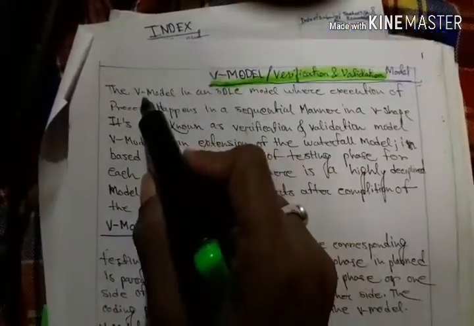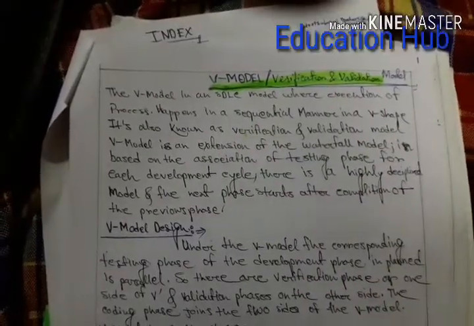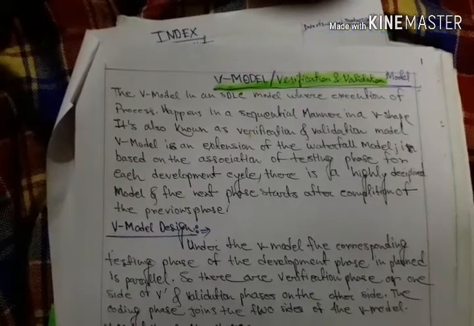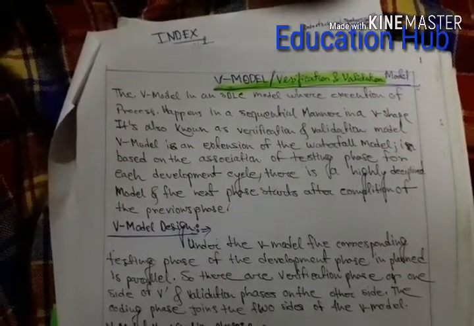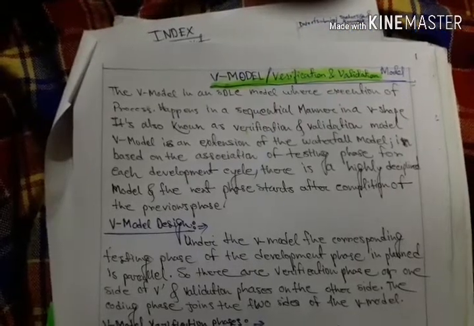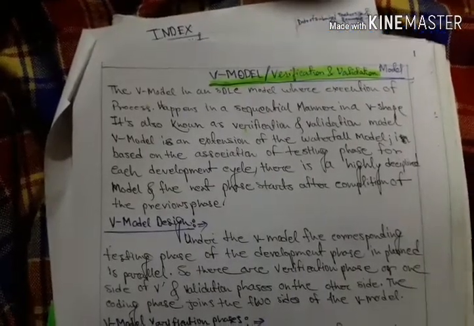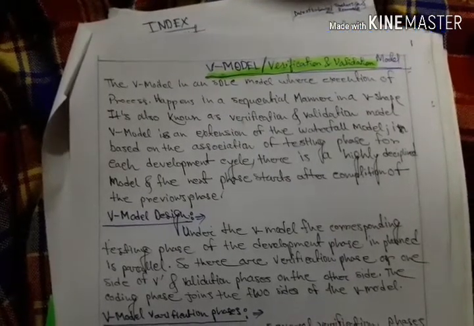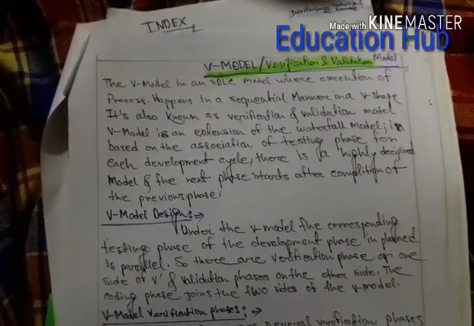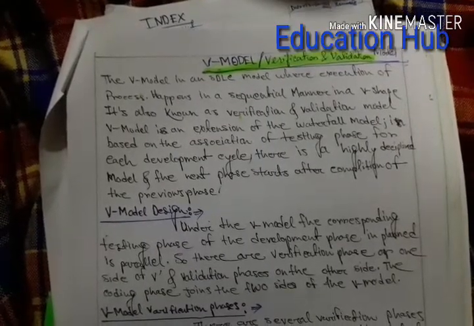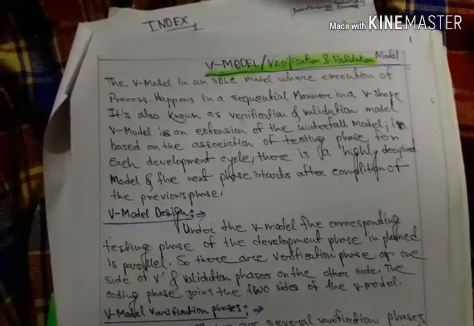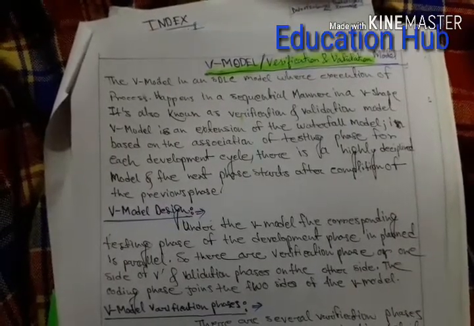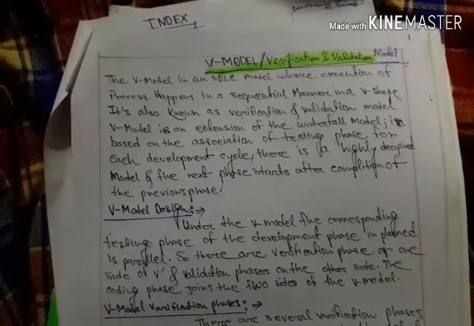See, this V model in the SDLC is the extension and execution process of the waterfall model. It happens in a sequential manner and it follows a V shape. That's why it is known as the V model, and it is known as the verification and validation model, that we already know. This model is an extension of the waterfall model.